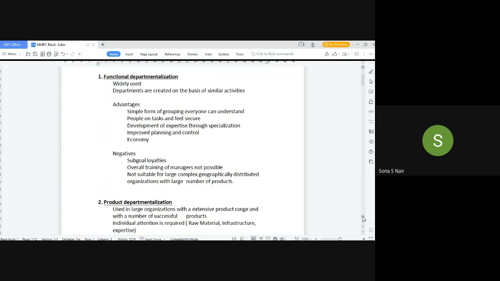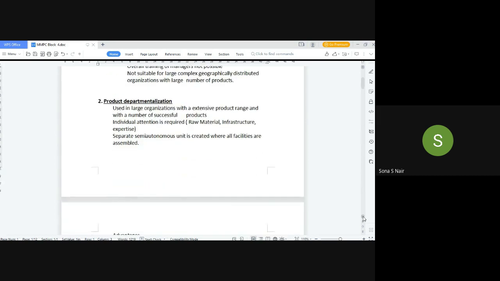Similarly, managers who are looking at functional areas would not develop expertise in other functional areas. And when an organization is geographically very complex and is present in a large number of places, in those cases, functional departmentalization might not work because you need to carry out the same functions in different geographical areas. Now, how do you coordinate amongst yourself? Right? So that is one, functional departmentalization.